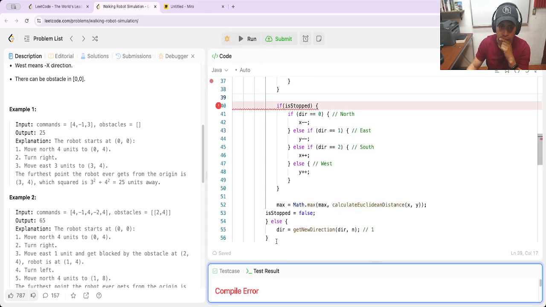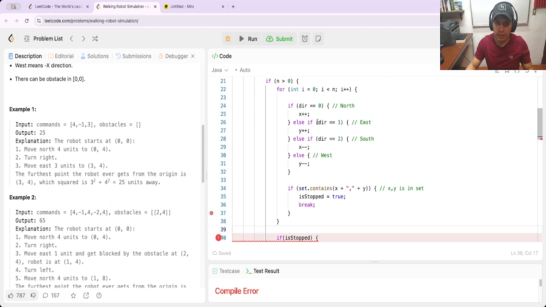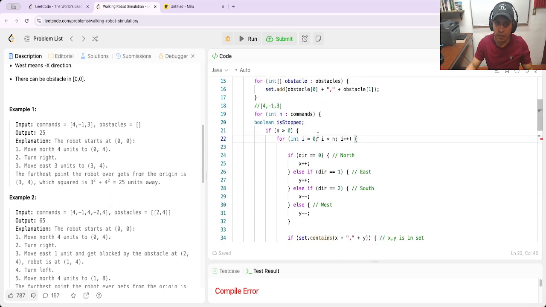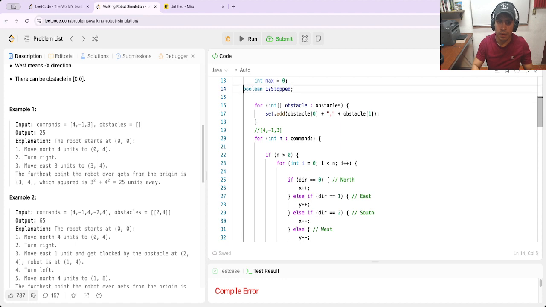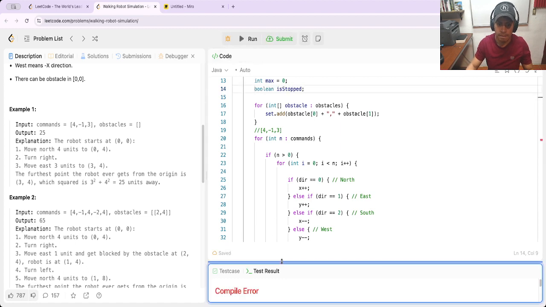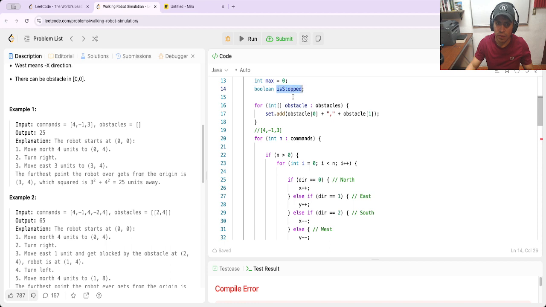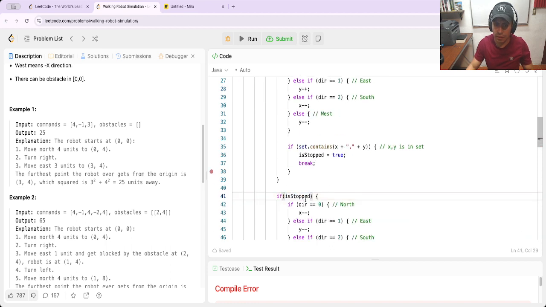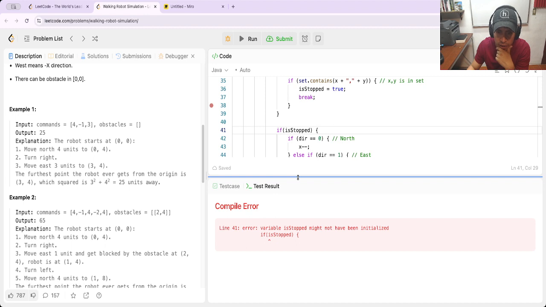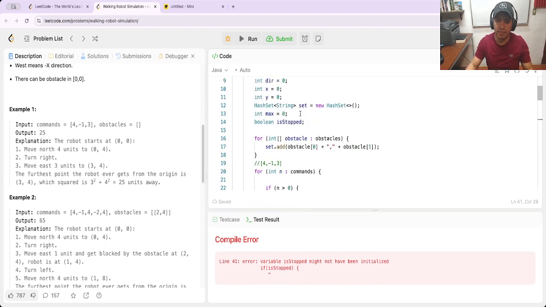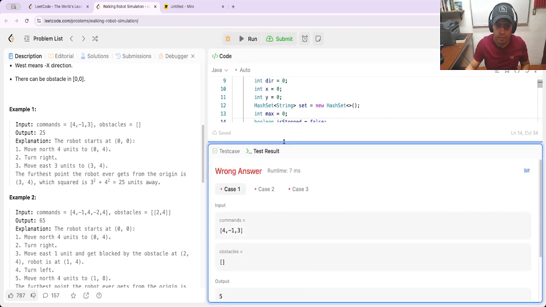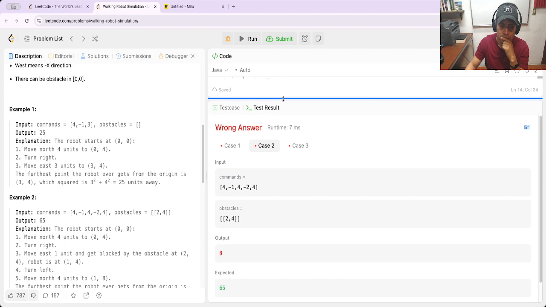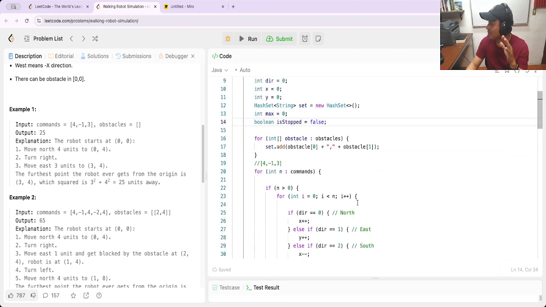Yeah, it's stopped. Why doesn't it reach? Is stopped. What? Variable stopped, no. Okay, doesn't make any difference.